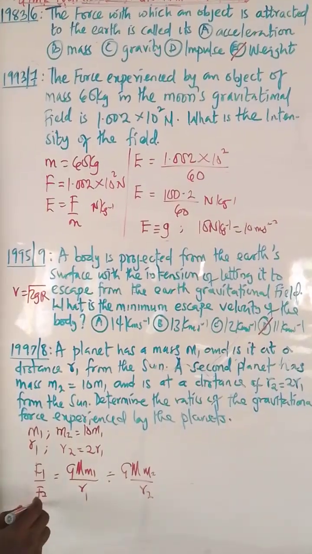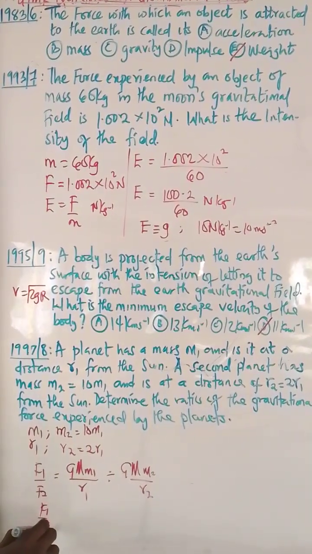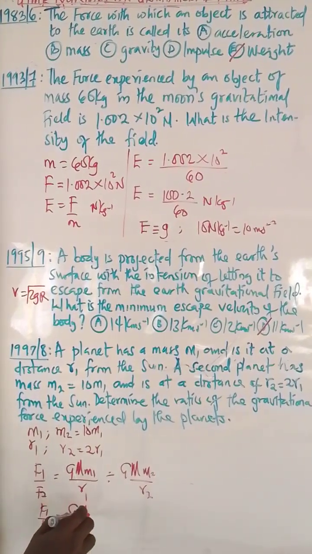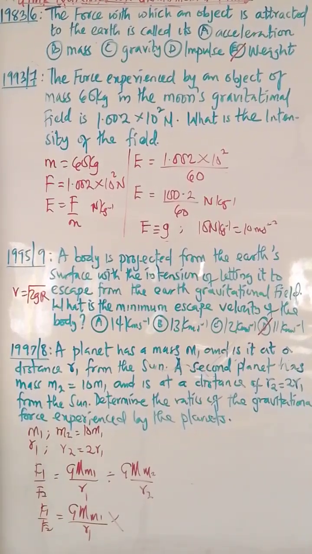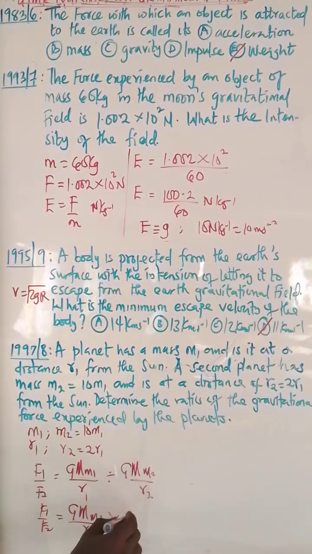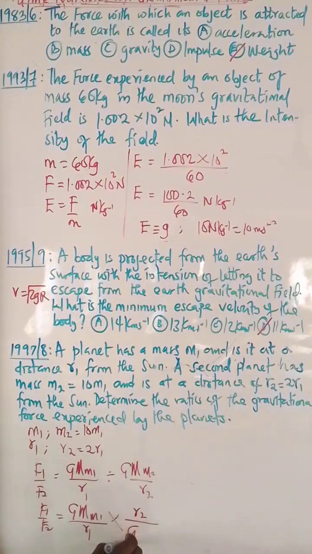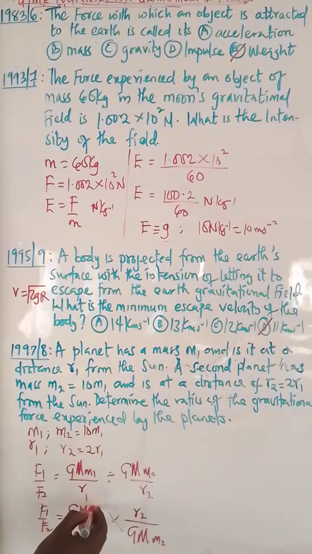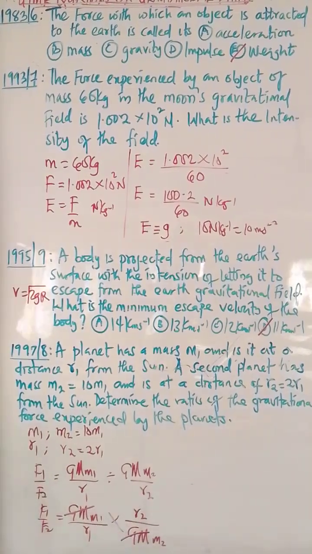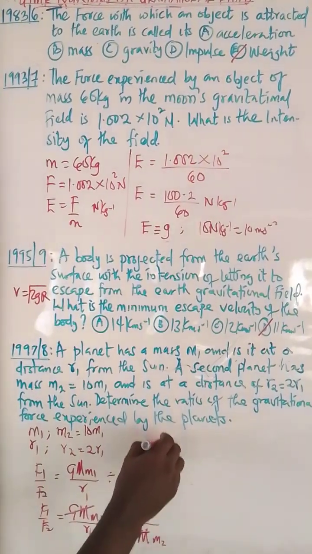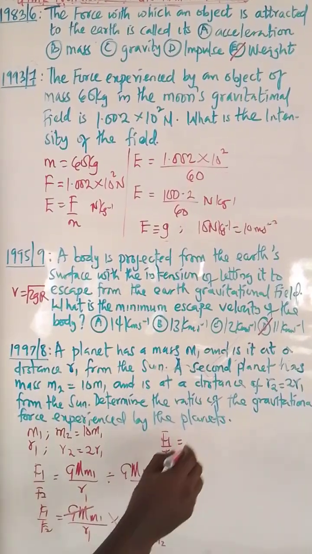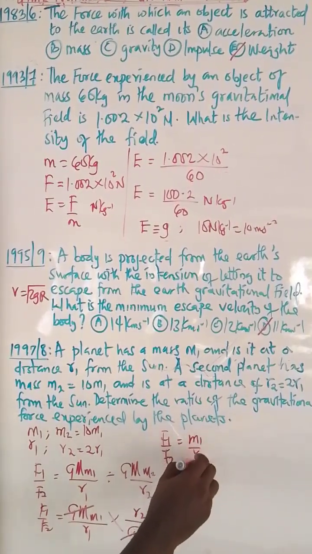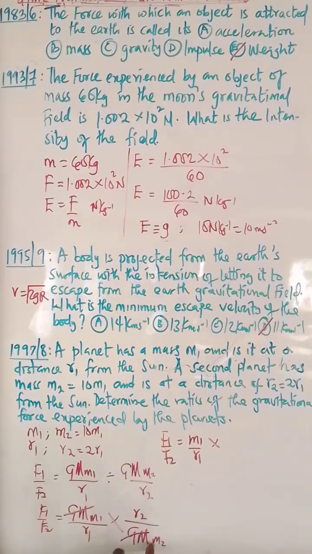F1 over F2 equals Gm m1 over r1 times, when we change division to multiplication, this goes up, r2 over Gm m2. Gm cancels Gm, so F1 over F2 equals m1 over r1 times r2 over m2.